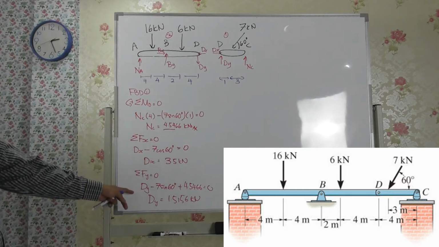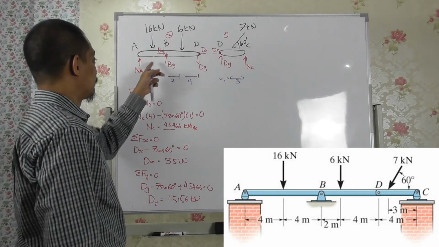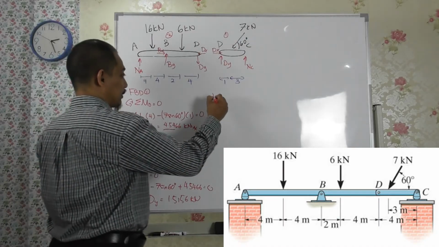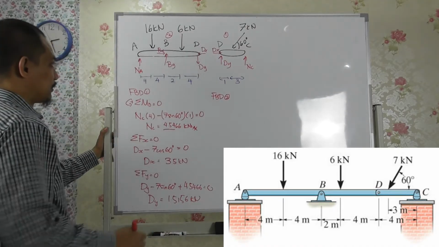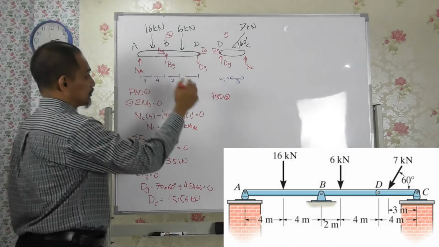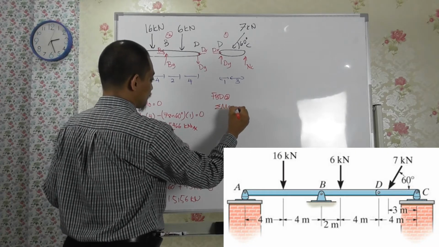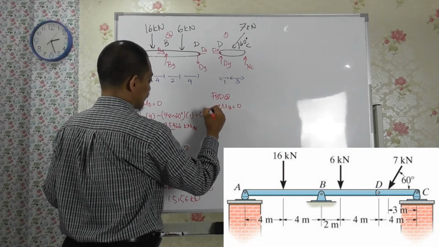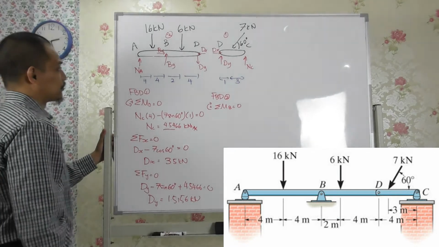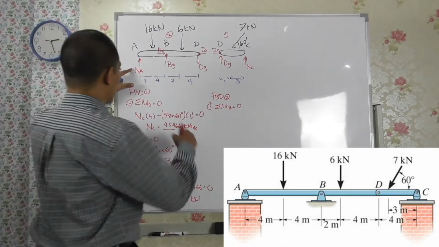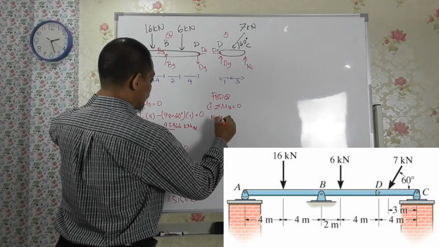Okay. After you have obtained this, you already have Dx and Dy. Hence, you only have 3 unknowns here, 1, 2, 3, so you can solve for free body diagram number 2. Because Dx and Dy are already solved, you can take the summation of moment about point B, for example. Let me take clockwise as positive. So NA is clockwise, so NA times 8.